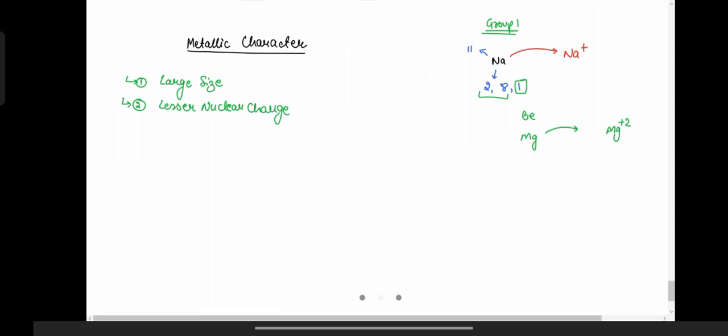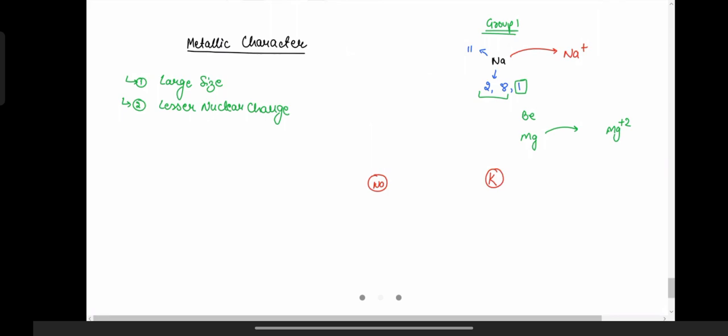Okay, see, now how will large size help? In the previous class we studied this: if I have a nucleus over here, right? And let's consider an example of sodium and an example of potassium. Both of them give the electron and both are from group 1 itself, right? But if I talk about sodium, what is the atomic number?